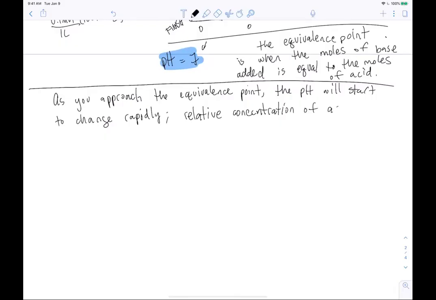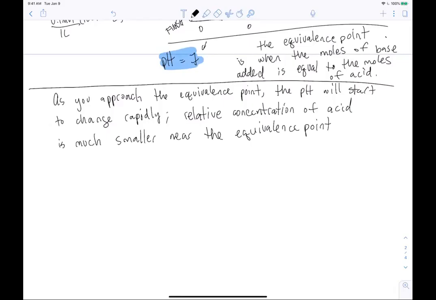The relative concentration of acid is much smaller near the equivalence point. If you think about it in terms of a bank account, I'm not sure if this is an exact analogy, but if you're starting out the month with $100 and take away $1, that's not a significant change.